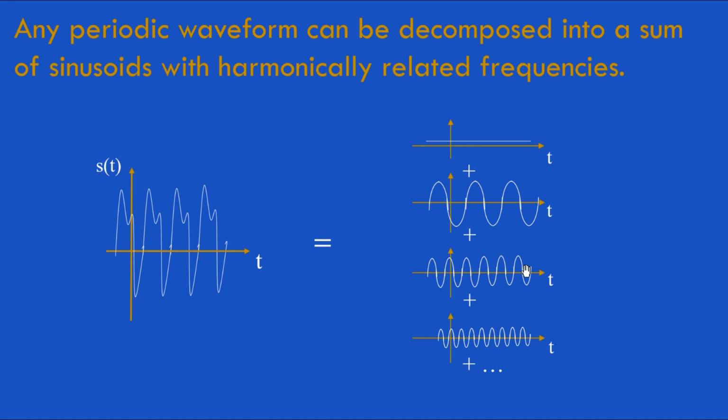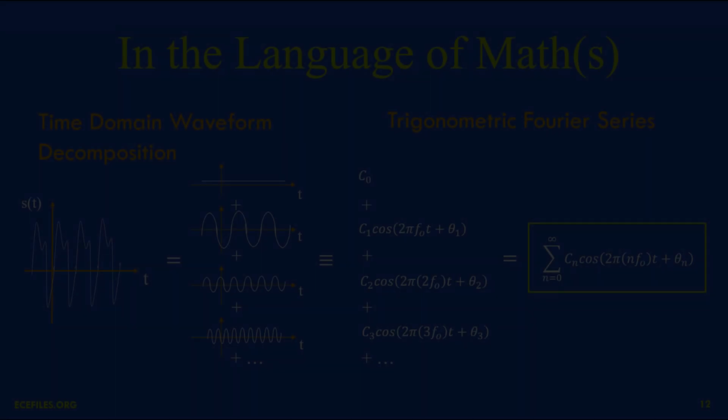And if you do that for every time t, adding the values of each of these waveforms together at that specific time and plotting it over here, you should get a waveform that looks like the original, if I got the amplitudes and phases correct over here.